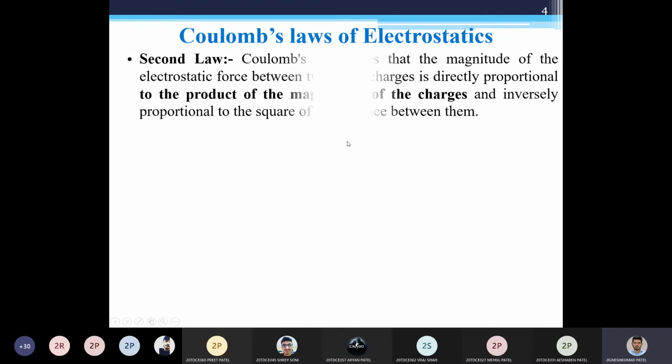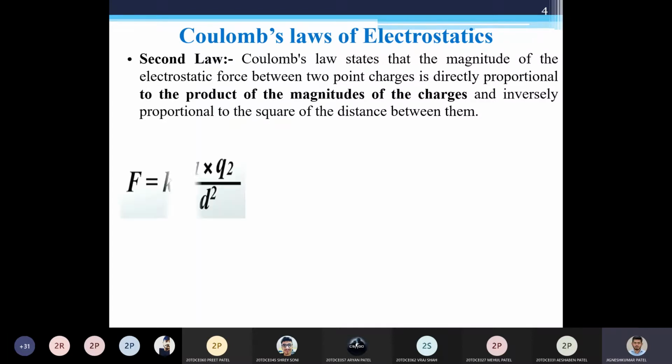The second law states that if you have two particles with positive or negative charge near each other in space, there would be some force exerted between the two, and that value of the force is directly proportional to the charges themselves, q1 and q2, and inversely proportional to the square of the distance between the two charges.